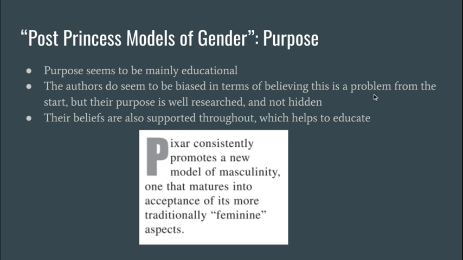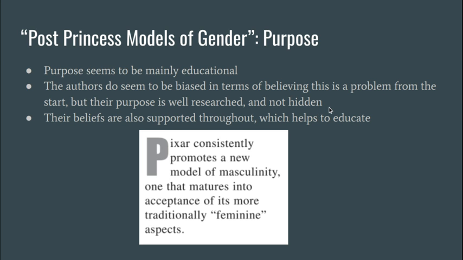So the authors do seem to be biased because they believe that this is a problem from the start, right? They believe that traditional roles that we saw in older movies are problematic. And they come to this with that belief. So they are a little bit biased. However, everybody's got their own beliefs and their own biases, and that's a pretty normal thing to encounter, right? And at least they're not hiding this.